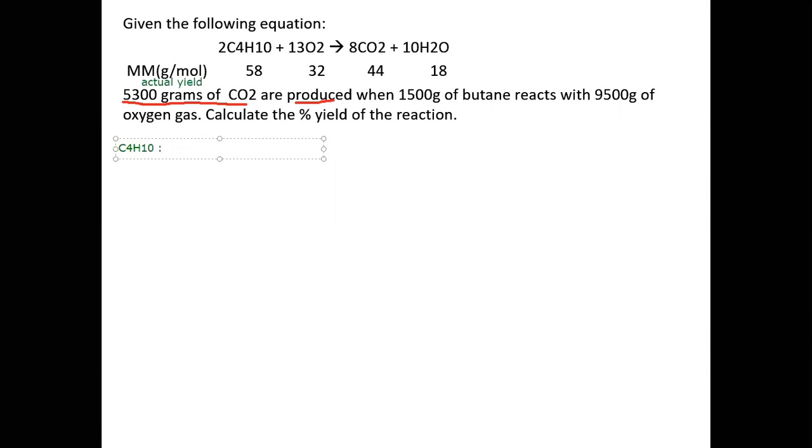We have 1,500 grams of butane. Let me draw the train track. Again, the first step, we're going to convert it to moles, so we divide by the molar mass. That gives us moles of butane.